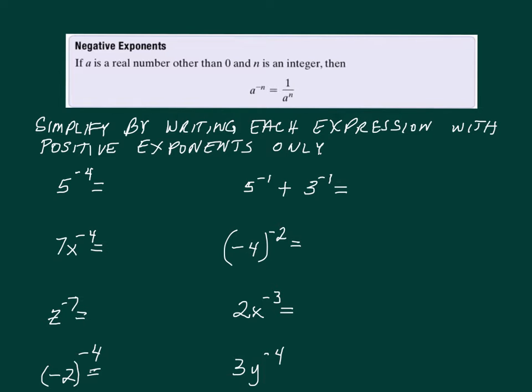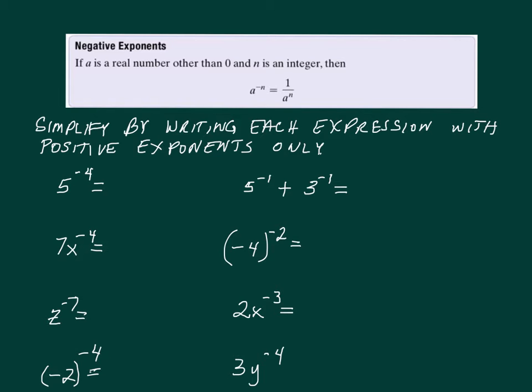Understand that's the attic and the basement situation. If the exponent is negative in the top, then you move it to the bottom and it becomes positive. But notice that the base remains the same. The base doesn't change signs, only the exponent changes sign.